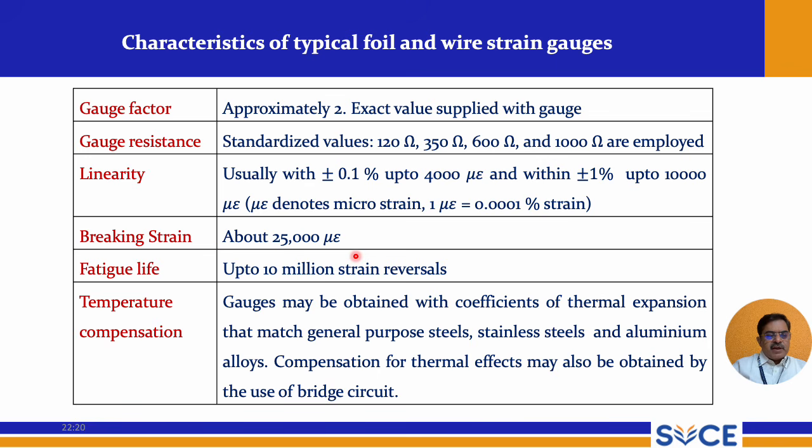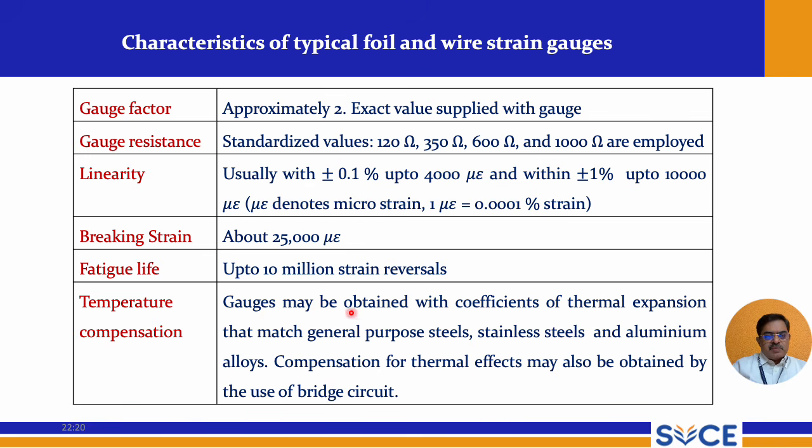And the breaking strain is about 25,000 micro strain, and fatigue life is up to 10 million strain reversals. Temperature compensation should be provided, and we are going to discuss temperature compensation of strain gauges also.